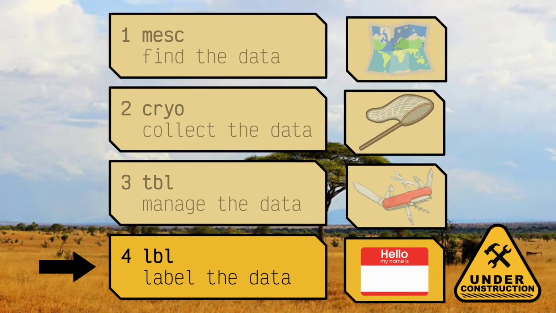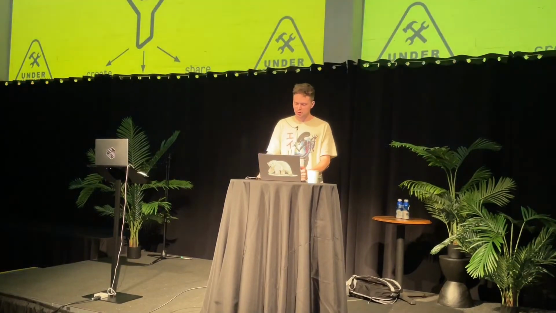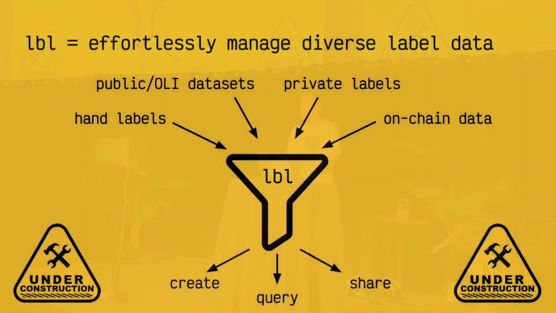The final tool I want to talk about is LBL. And this is just a quick preview because LBL is still a work in progress. LBL is a tool for managing label data sets. Address labels are one of the biggest remaining challenges in open source crypto data.